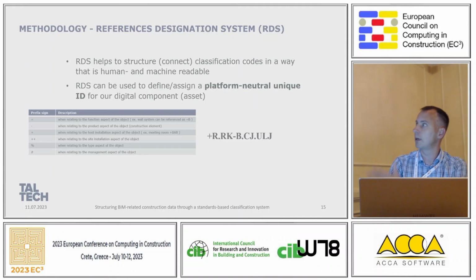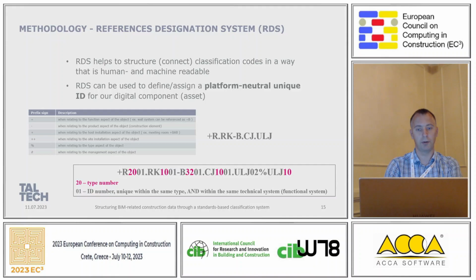Again, those prefixes are from the 81346 standard, plus and minus, and also percentage. If you now include the type numbering and ID number, then you might see a long code, but again, you can just divide it into different parts.